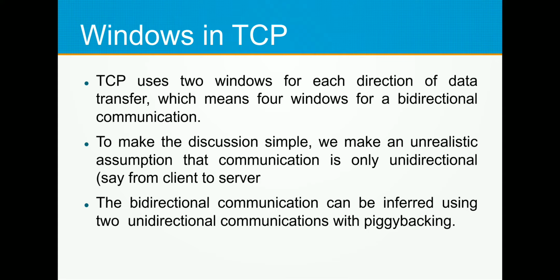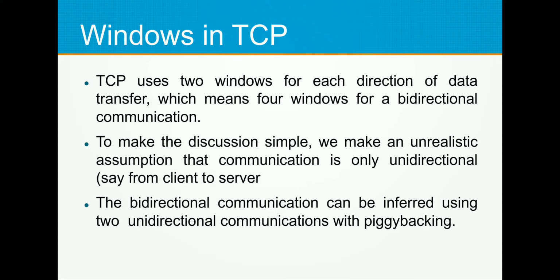It doesn't happen in the real world. So we make a simple assumption that the communication is only unidirectional. We are making this just for the sake of reducing the complexity of understanding. And we'll assume that this communication is happening only from client to the server.